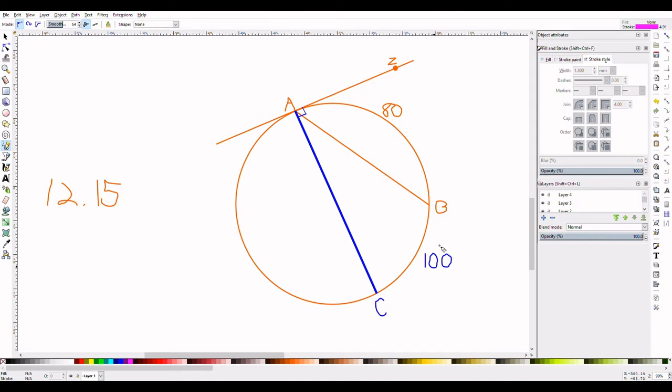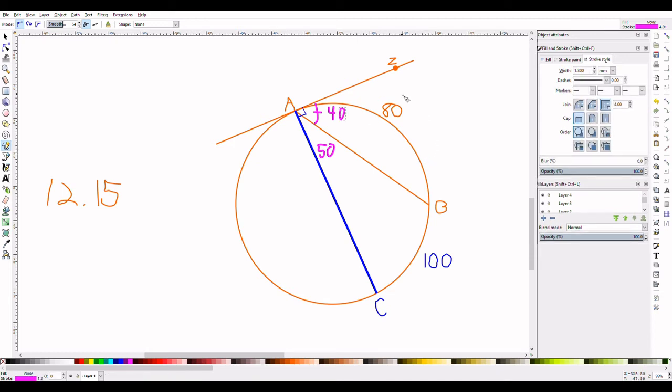So, what's angle CAB with arc of 100 degrees here? Very good, it's 50 degrees. And so what is this angle? CAZ is 90. This part of it is 50, the rest of it must be 40.